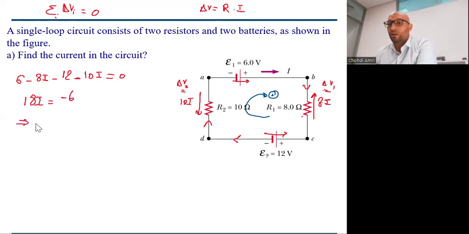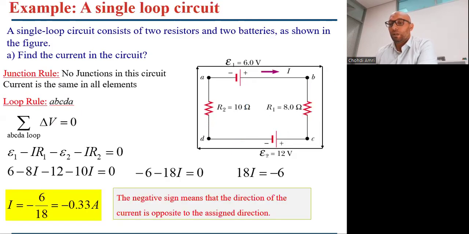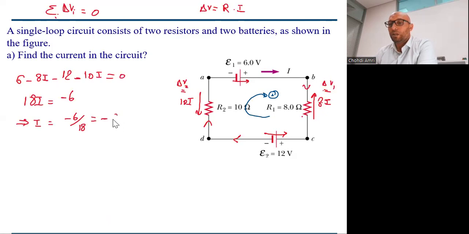So we can say that the current I equals minus 6 over 18, which is equal to 0.033 with the negative sign. So we can write minus 0.33 ampere. So here we see that the current is negative. What can we conclude?